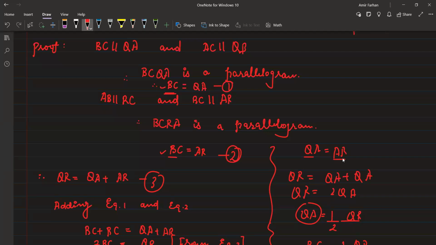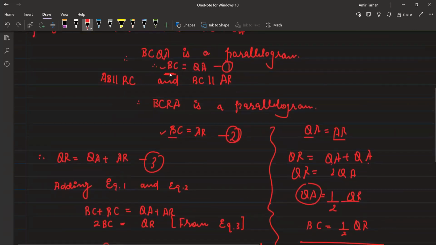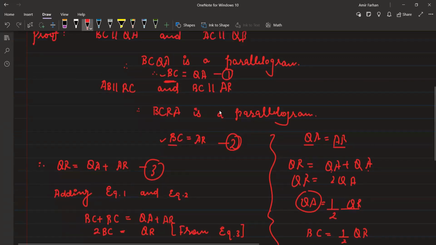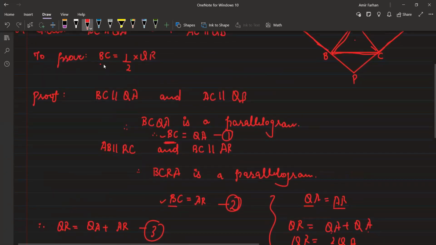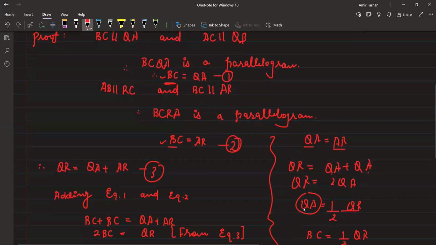So can I write QA in place of AR? Okay. So QA plus QA is 2QA, and the value of QA is equal to BC. We need to get BC to show this equation, and that's why I have taken BC in place of QA. Clear? I hope it's clear.